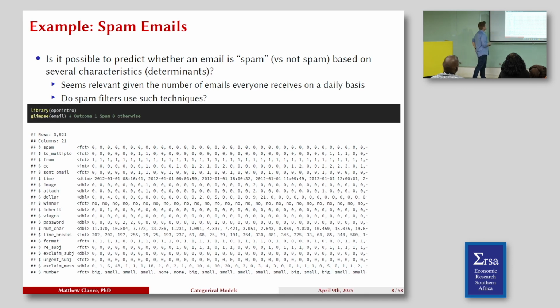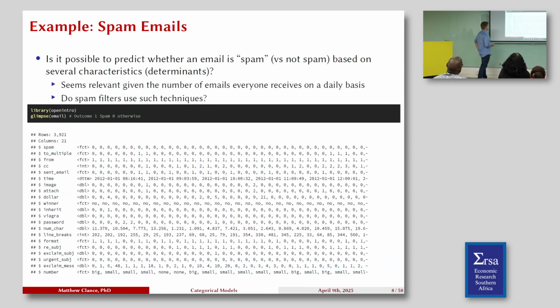Okay, so is it possible to predict whether an email is spam versus not spam? It's going to sound weird, but spam, if you identify it, will be considered success. Not spam, 0, failure, if you want to think about it that way.